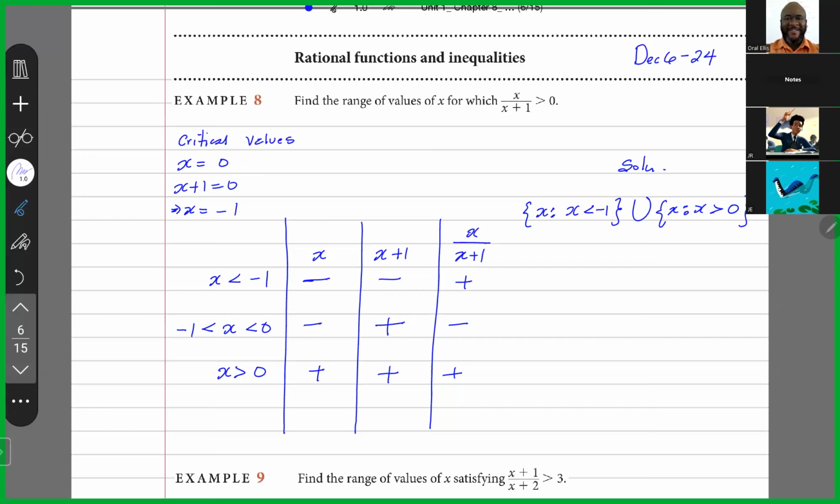So that is the range of values of x for which x over x plus 1 is greater than 0.